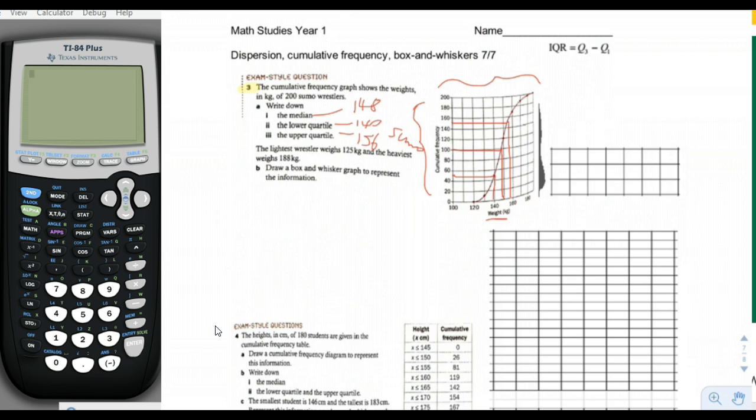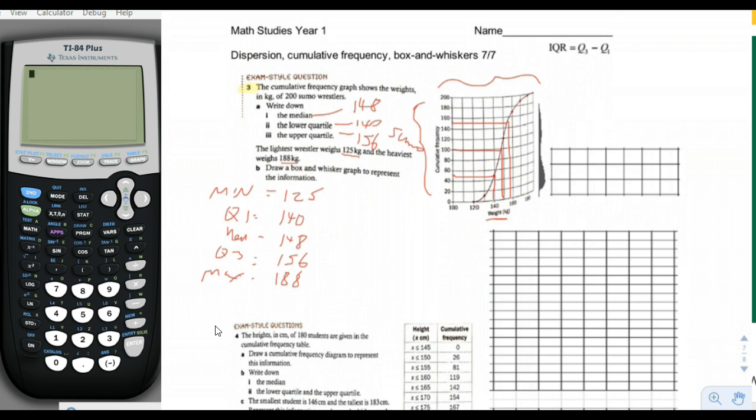The lightest wrestler weighs 125, and the heaviest wrestler weighs 188. Draw a box and whiskers graph to represent this information. So the five numbers we need are minimum 125, Q1 equals 140, median is equal to 148, Q3 is equal to 156, and maximum is 188.